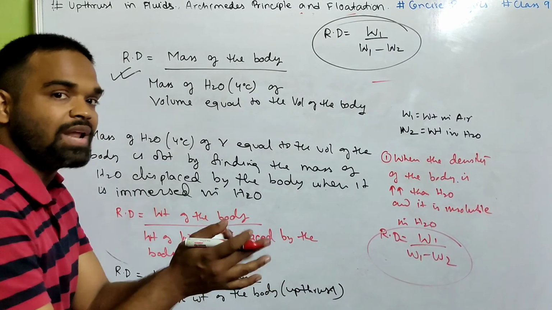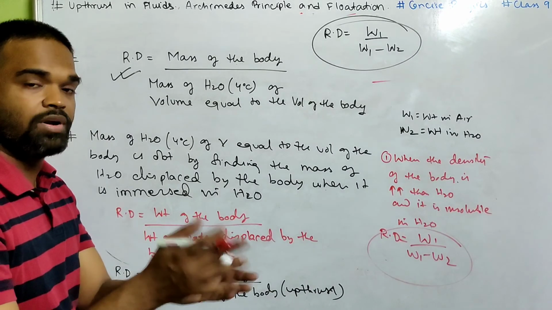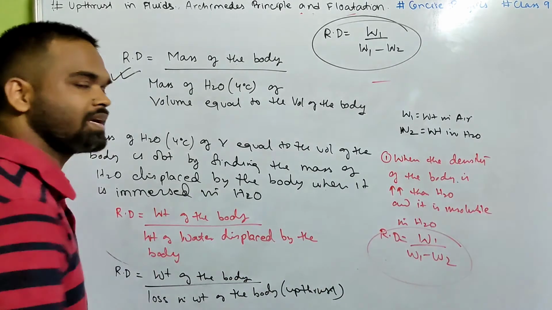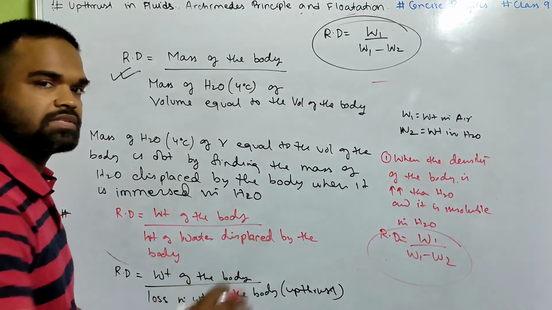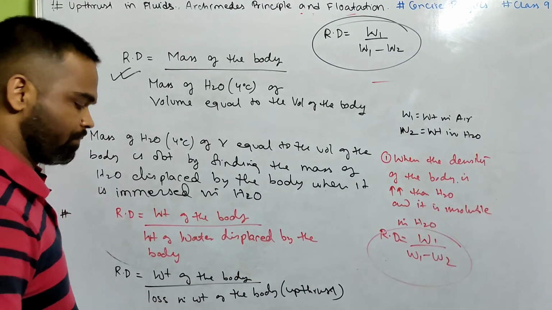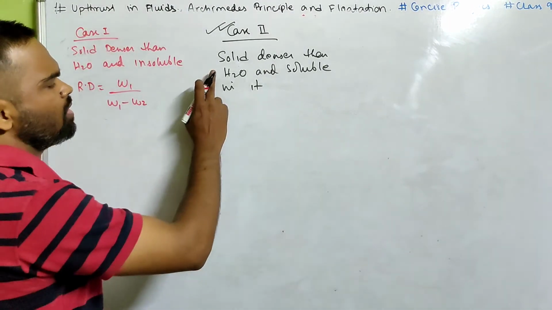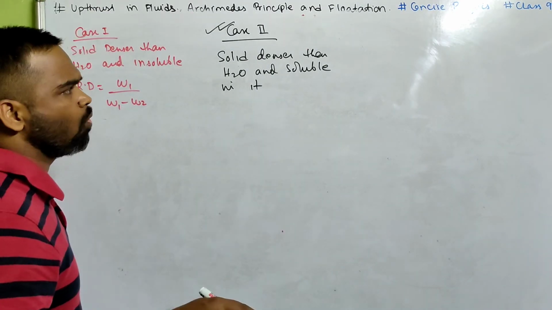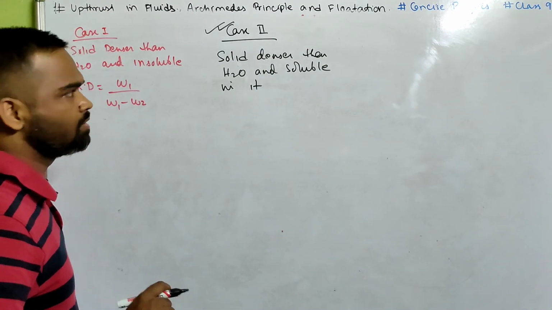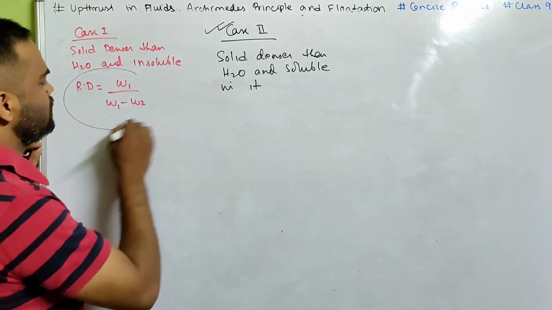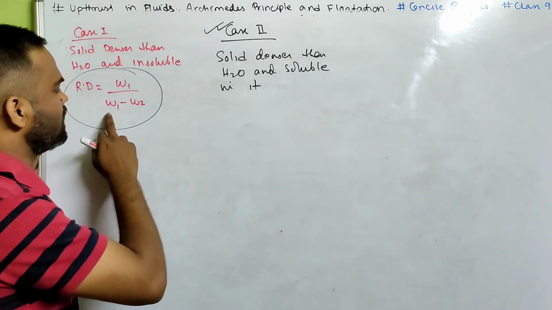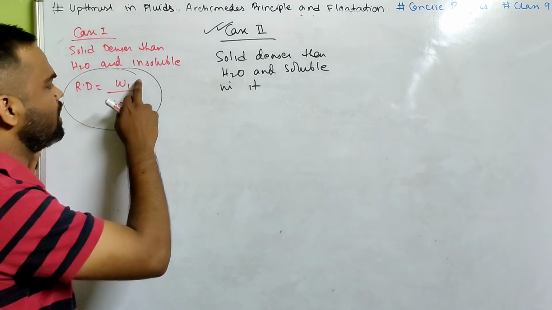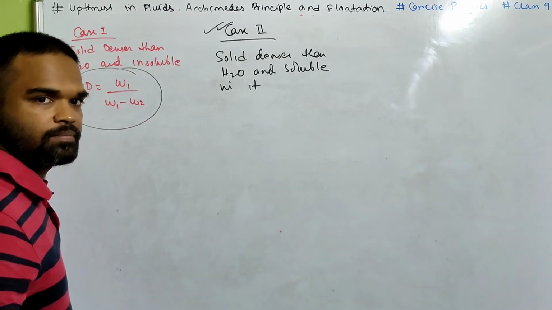Now let us see what happens when the body is soluble in water. Let us see how to calculate the relative density of a solid which is denser than water and soluble in it. If it's insoluble, we know W1 by W1 minus W2, weight in air by loss in weight in water.